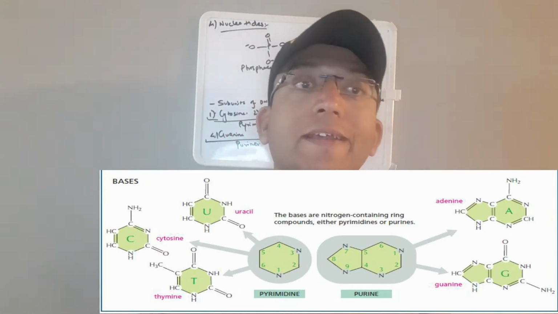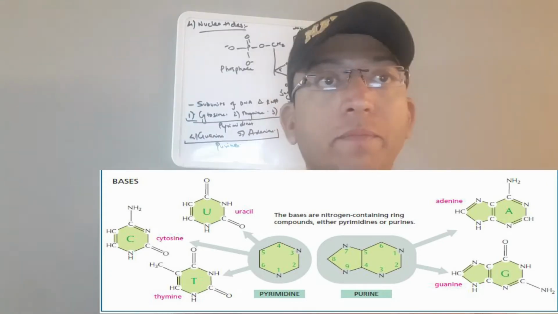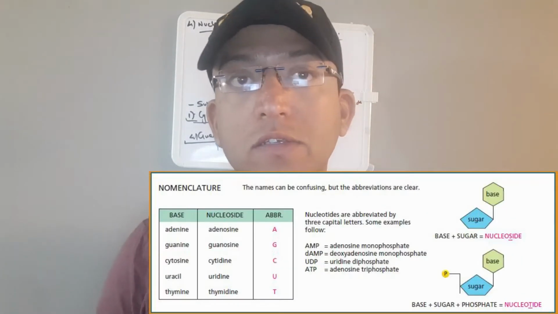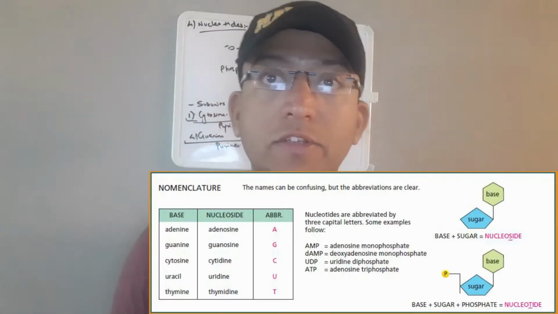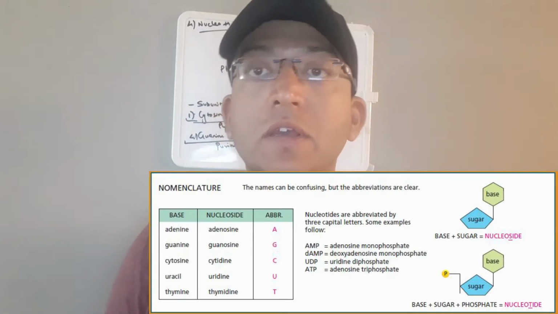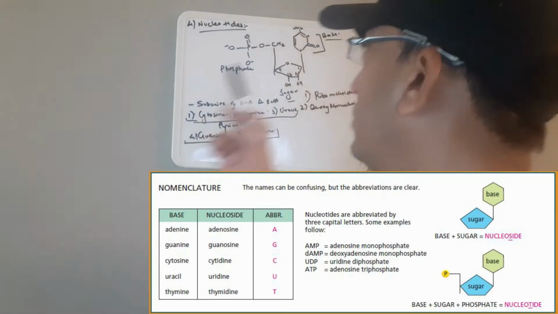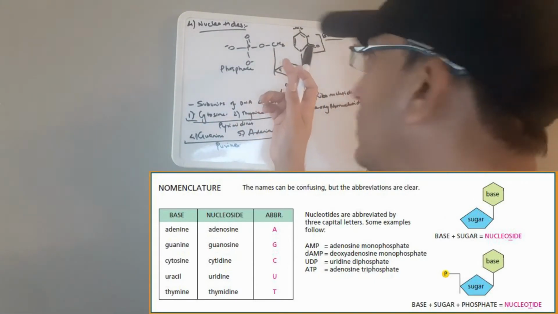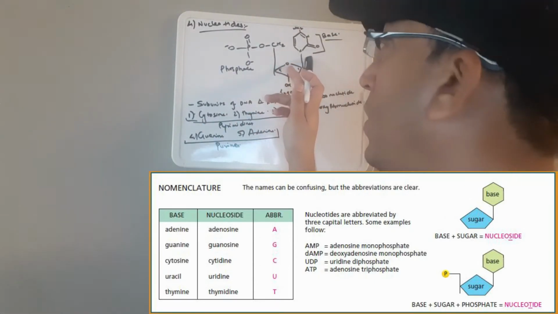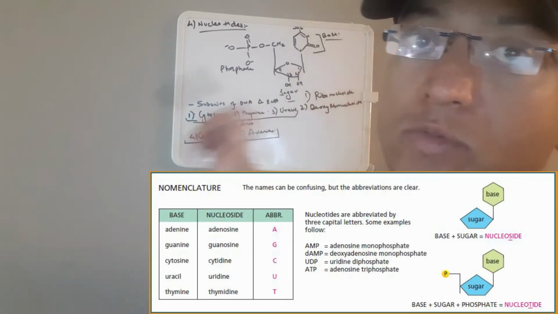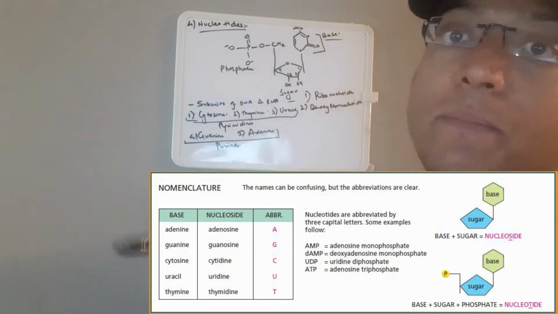Each nucleotide is named after the base it contains. I am posting a picture. You will see this image showing the nucleotides and their abbreviations. In every nucleotide there is this nitrogen ring compound, the sugar, and the phosphate group, and the base changes.